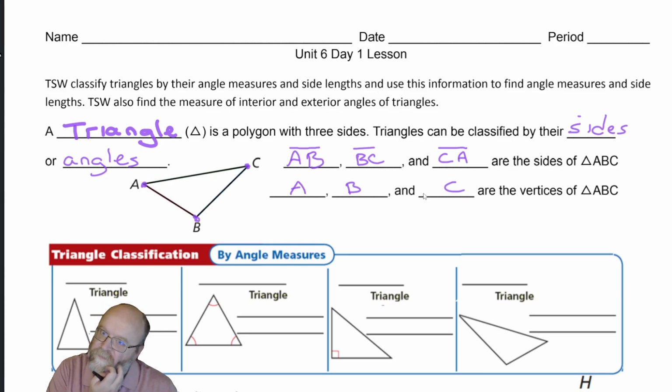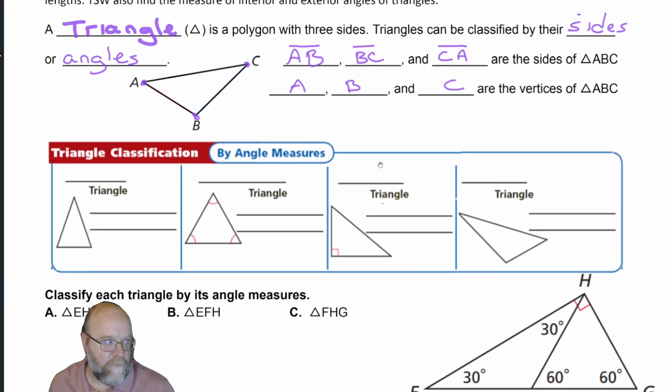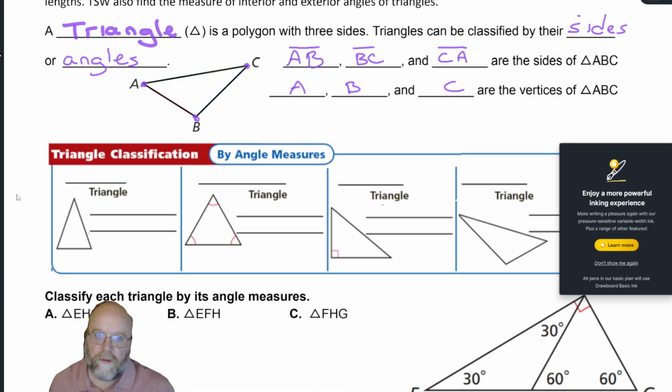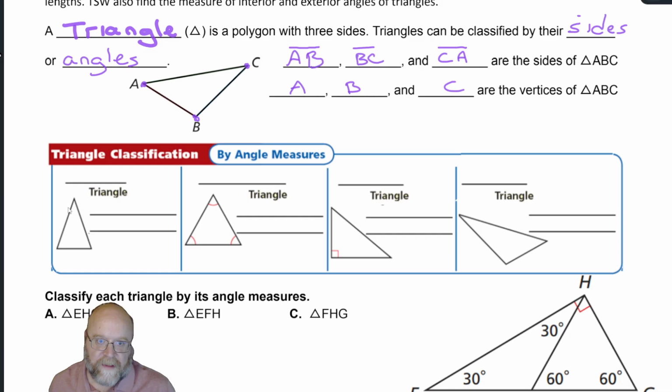All right, so first let's try to classify our triangles based on the angle measurements. First we got this guy. This is three acute angles. Remember, we're looking at angles. So three acute angles makes an acute triangle.